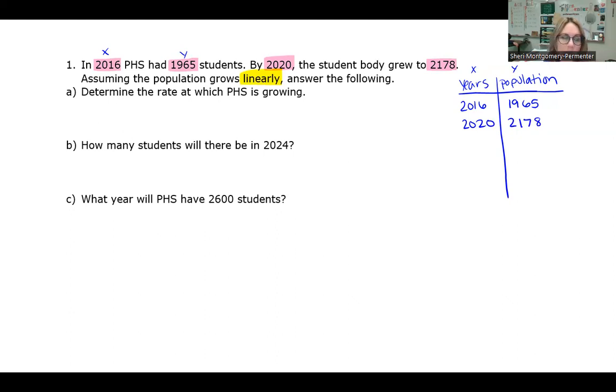To do this, we have to figure out what the change is. So we have to figure out the rate. The rate is how much it's increasing each year.